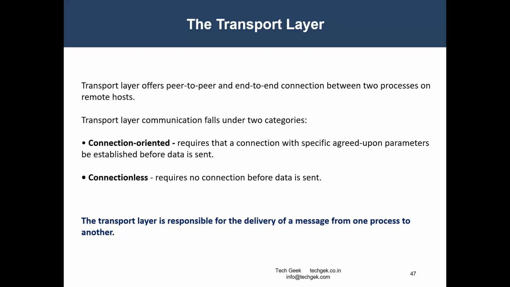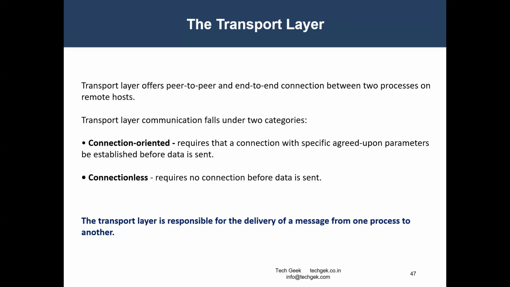So what exactly does that mean? The client and server need to exchange some packets before the packet delivery process starts. Connection-oriented with specific agreed-upon parameters means the client sets certain conditions, the port should be open, and then the connection will start. It's like when we set up this meeting, we agreed on certain parameters: what topic we are going to discuss, what the time is, how we are going to discuss.